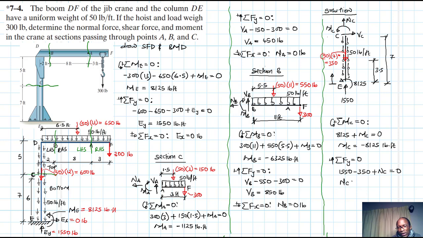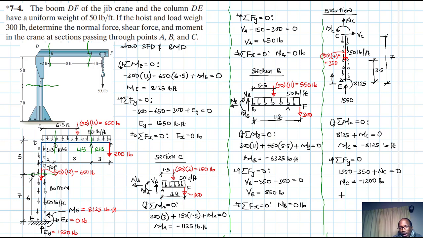And therefore NC is going to be equal to 1550 minus 350. This gives us a minus 1200, right? A minus 1200. Yeah, minus 1200.